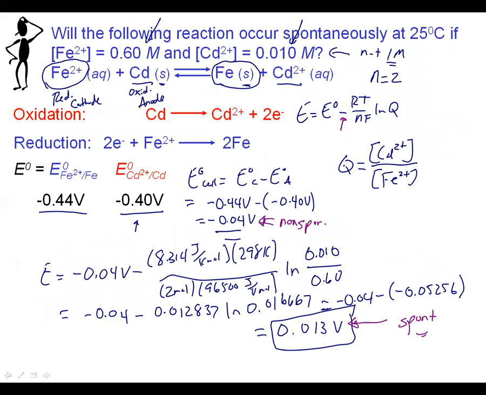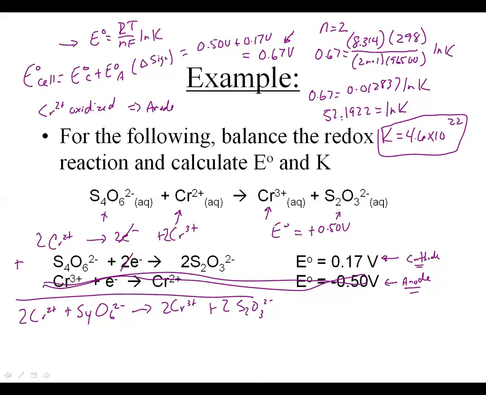So keep in mind that it's actually a subtraction in the Nernst equation that we use. Any question on any of these things? So obviously you need to be able to balance these equations, figure out E of the cell, figure out delta G, figure out the equilibrium constant, and use the Nernst equation in non-standard conditions. Any questions on any of that?